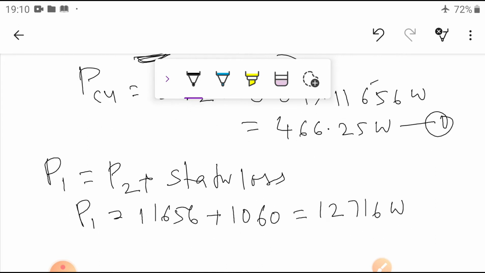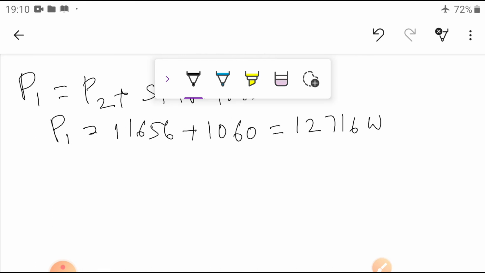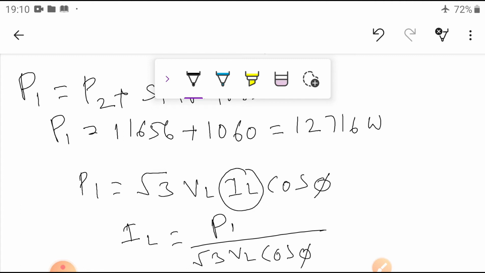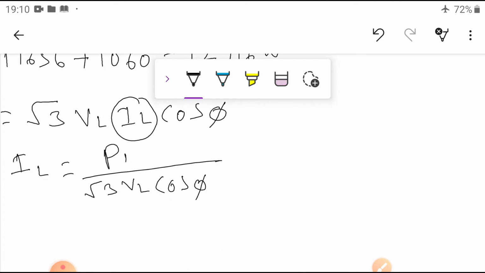Then based on P1, I am going to calculate the current. P1 is equal to root 3 VL IL cos phi. I want to know this value, so IL is equal to P1 divided by root 3 VL cos phi. Now substitute the values. What is P1?